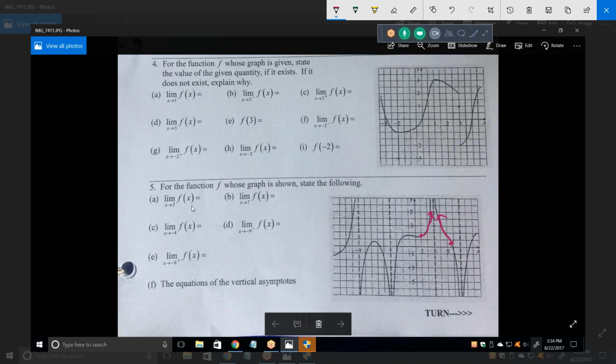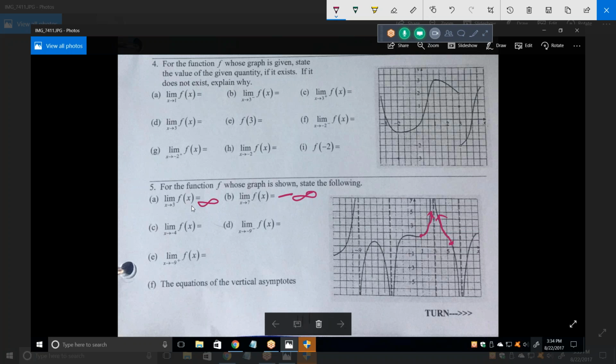What do both of those go to? Infinity. That's the answer. They're both the same, so the answer is infinity. Now, let's look at the number 7. Negative infinity. Good. Because from the left it's negative infinity, and from the right it's negative infinity.